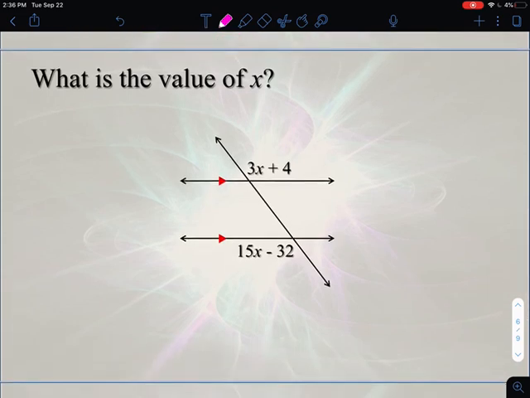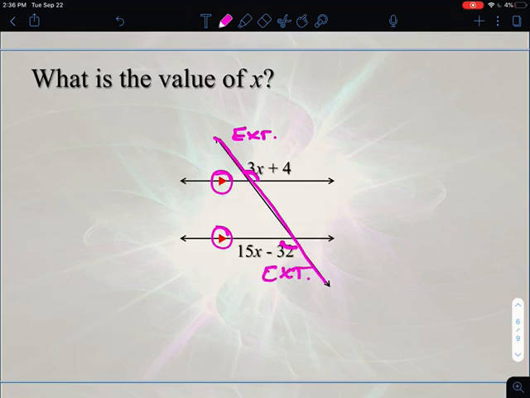Here's one that has a little bit more simplified picture. So if I'm looking at this picture here, it says what's the value of x? So again, first thing I need to note, those top and bottom lines are parallel to each other. So if I look at the angles they gave me, this 3x plus 4 and this 15x minus 32, what I notice is they're on opposite sides of the transversal and they're both on the exterior of the two lines being cut.